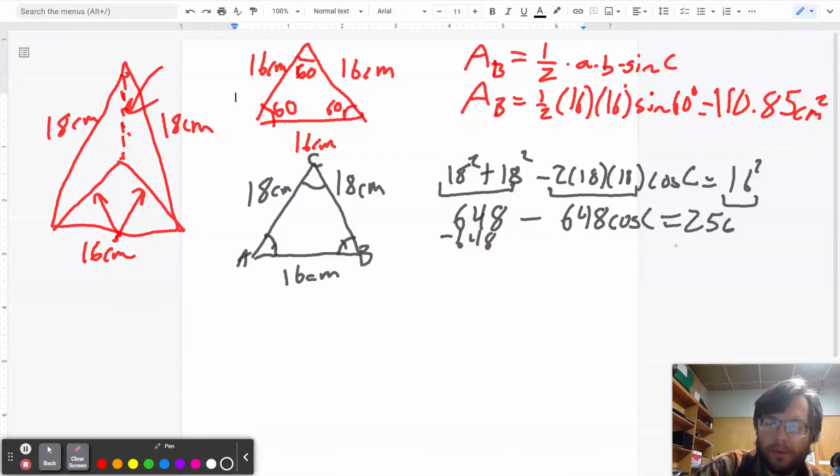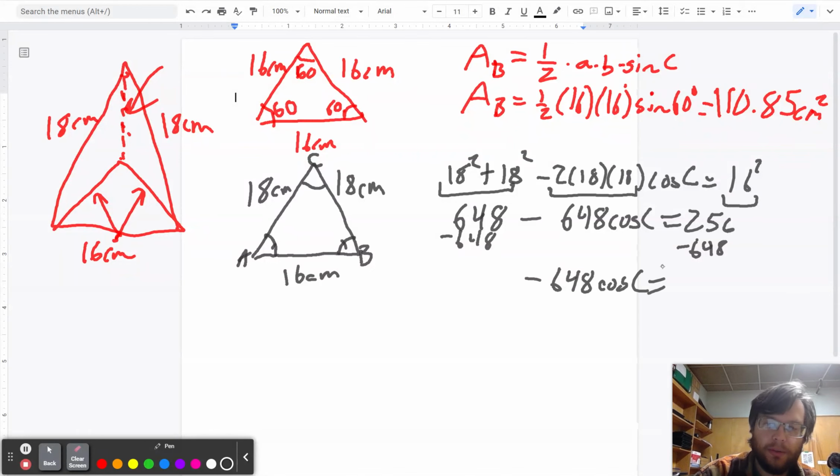You try to move stuff to one side of the equation to isolate the part you actually care about. So 256 minus 648 is negative 392. Divide that by negative 648, and you get cosine of C is 0.605, rounding it off to 3 significant figures.